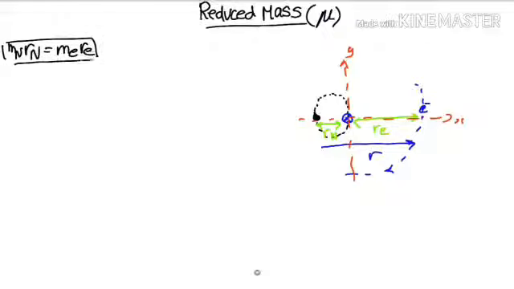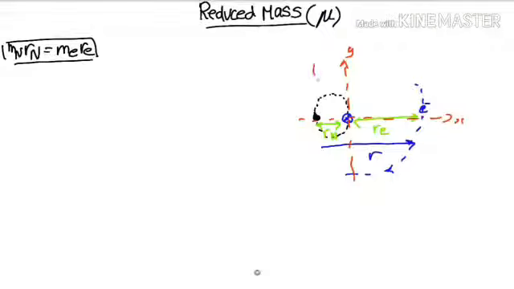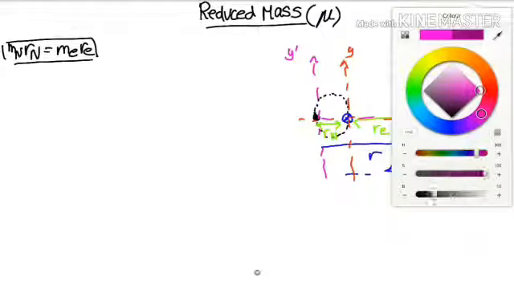As we have said earlier, we will change the axis. This is the new axis, to neglect the effect of the mass of the neutron. So this is the new axis, we call it y prime, and this is x prime.